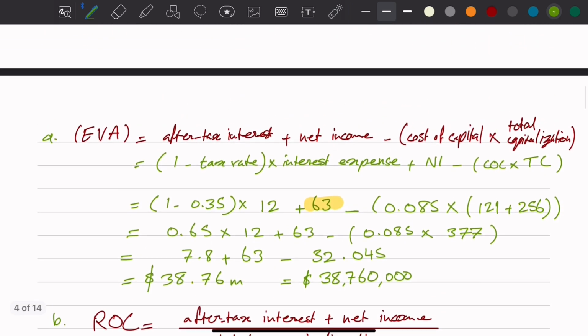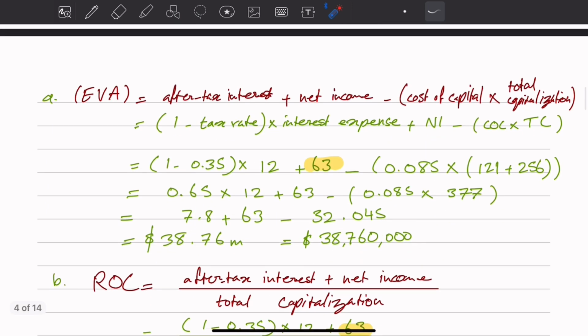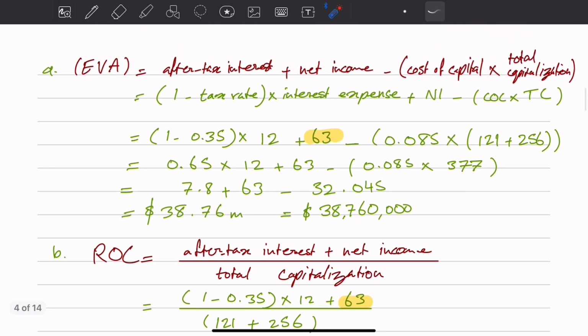Okay, last part D, it says, is the company creating value for its shareholders? And the answer here is yes. What's our evidence? Our evidence is right here, because when we calculated the economic value added for the company, we got a positive number, a quite large number, 38,760,000 thousand.